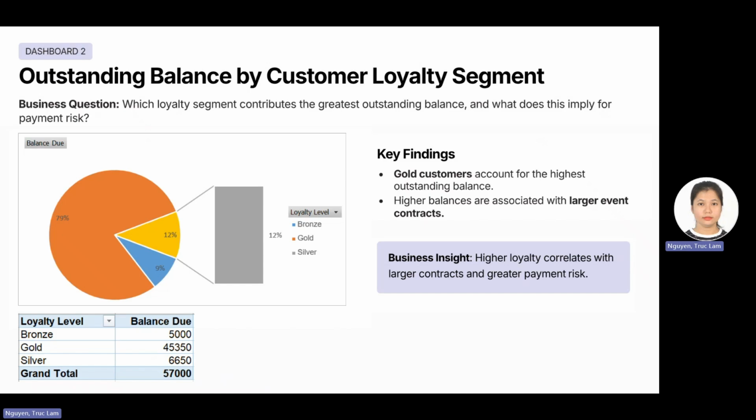Gold customers usually organize larger and more expensive events, so they would also have a larger remaining balance, and this tells managers that outstanding balance should be considered together with contract value and customer history. Beyond this, managers should maintain strong relationships with these high value customers while following up on scheduled payments.